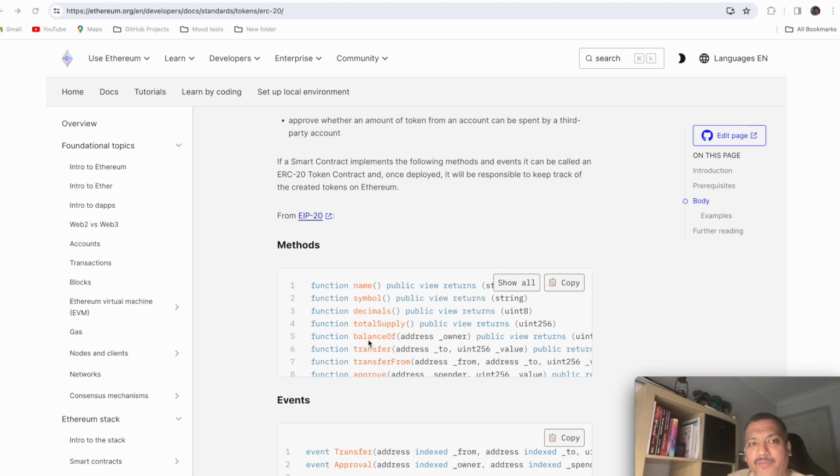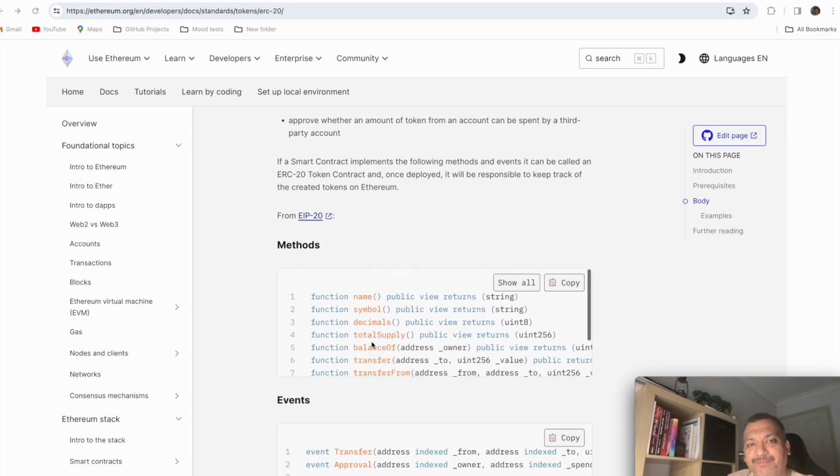So when you are developing an ERC20 token, you need to make sure that you are implementing these methods. We'll talk about these in much more detail, but just on a high level to understand for this stage is that it helps dApps or any application like even the MetaMask or any other wallet application.